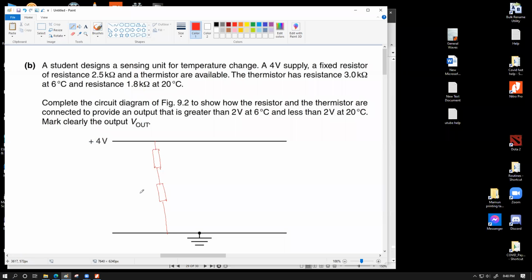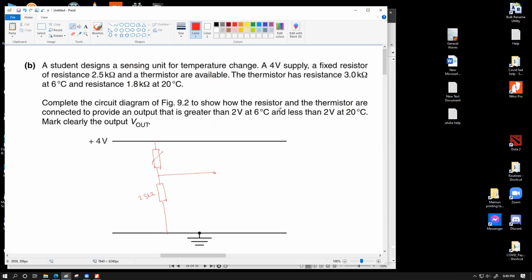Let's say this is a fixed resistor of 2.5 kilo ohm. This is my thermistor. So this is going to be my output, one of these things.